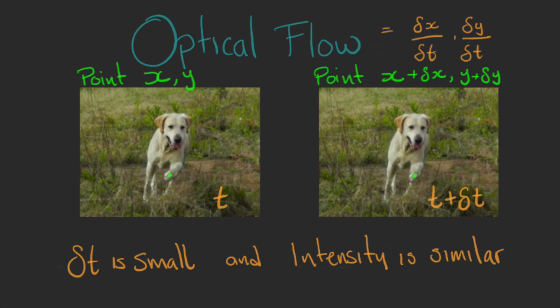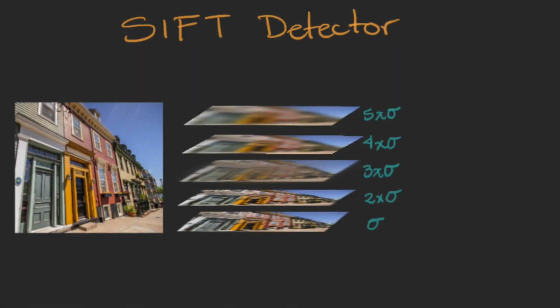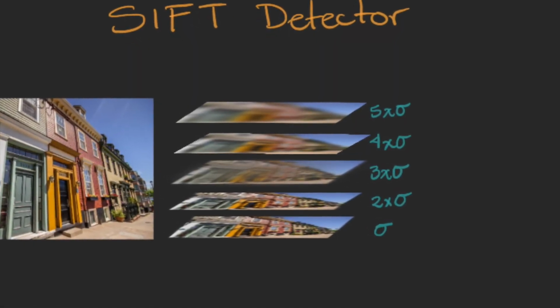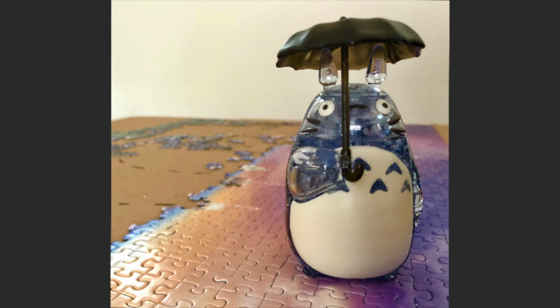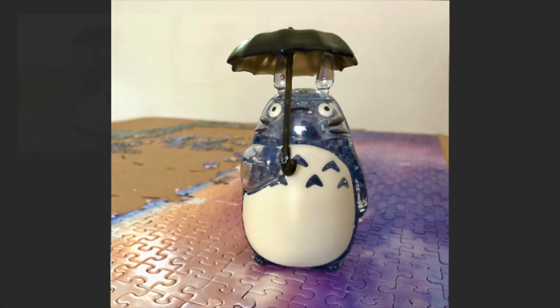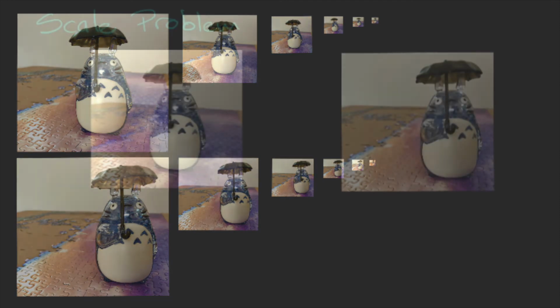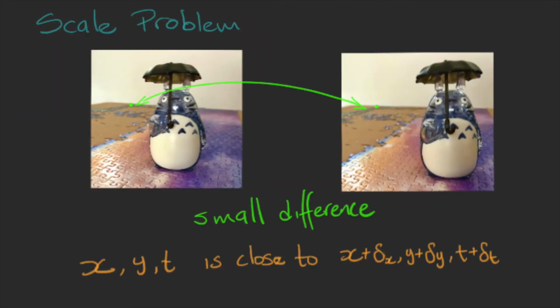We can solve this problem by applying the trick of the pyramid of Gaussians. If you remember, in SIFT, we create a set of copies of the original image to compare on different scales. Here we can use the same approach. We can reduce the resolution of the original image by half every time, and in this way, large differences become small in the low resolution.